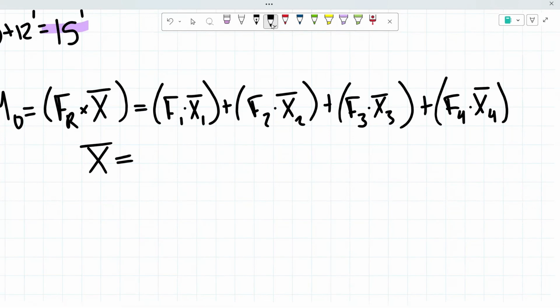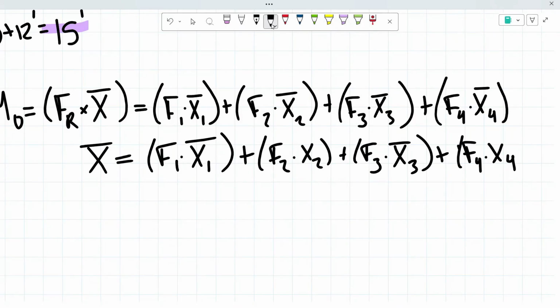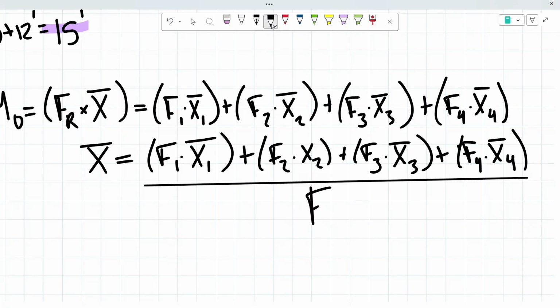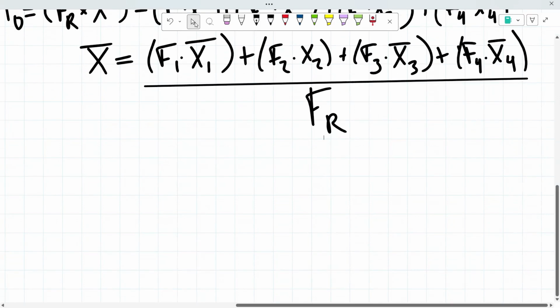I'm sorry, which means that the location of the resultant force is equal to F1 times X1 plus F2 times X2 plus F3 times X3 plus F4 times X4, all over our resultant force. And you simply just plug in everything into that.